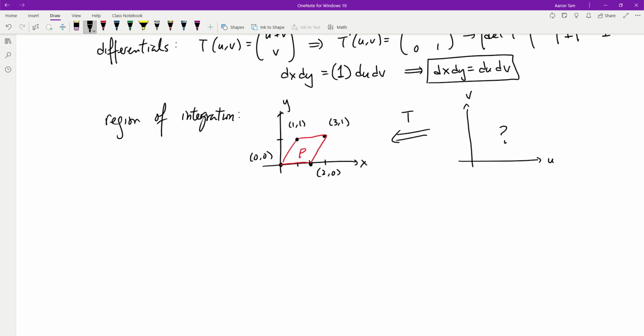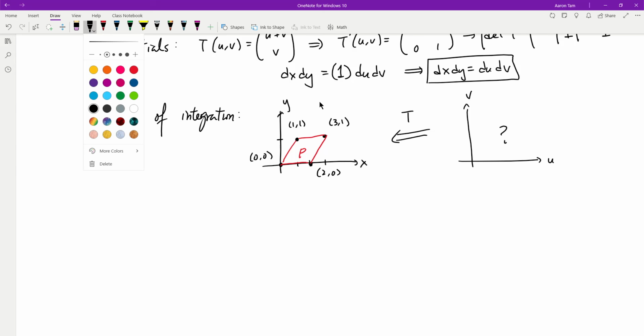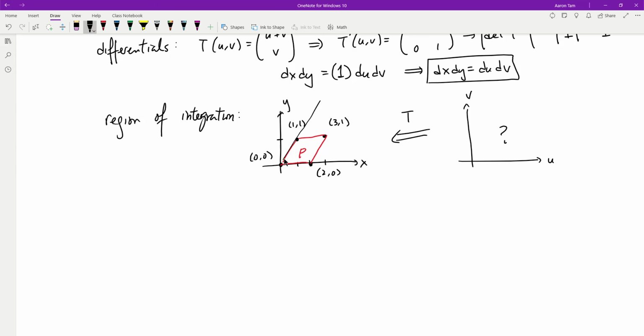Okay, so let's start with the following. If I look at this parallelogram, I can recognize that it is formed by these four lines. If I can find out what happened to these four lines before the transformation, then I will know exactly what the region in UV is going to be. So it requires several things.